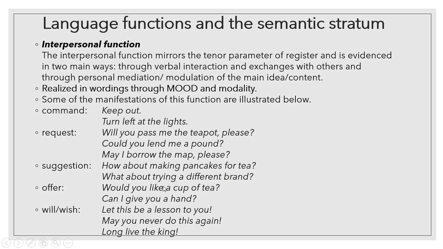Would you like? Suggestion: how about and what about? And then we have the sentences, would you like, and can I give? It means that it is an offer. And then will, let this, may you never, long live. So it's going to be will in this case.